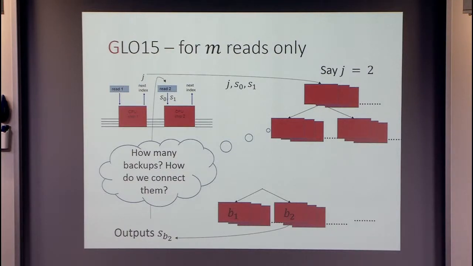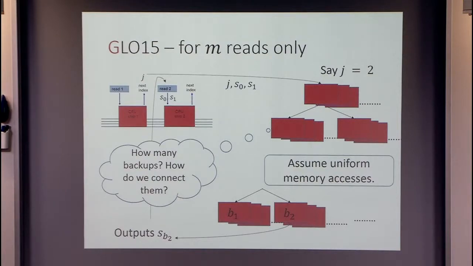So how many backups? If this program could access arbitrary locations in memory, it could want to read the first location every time, and so I might have to give a large number of backups for the leftmost child, for example. What we're going to do is simplify this problem. We're going to assume that the memory access patterns are uniform.